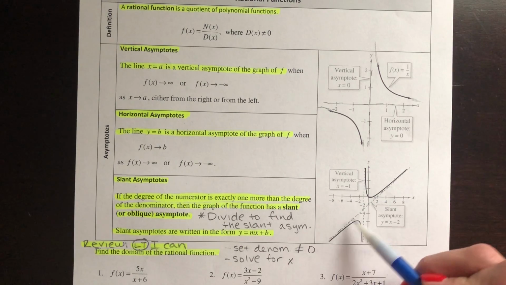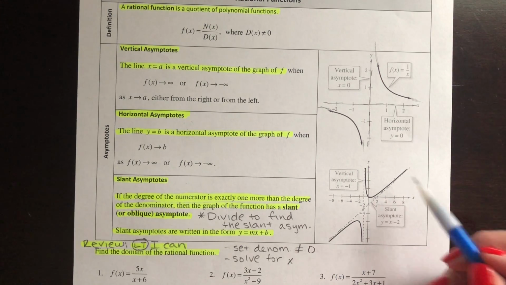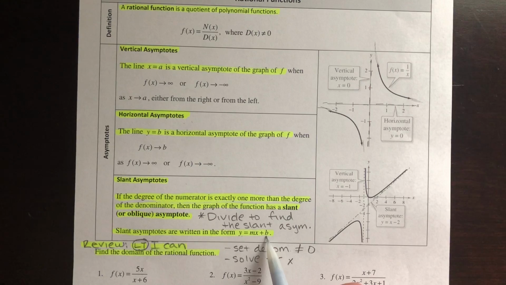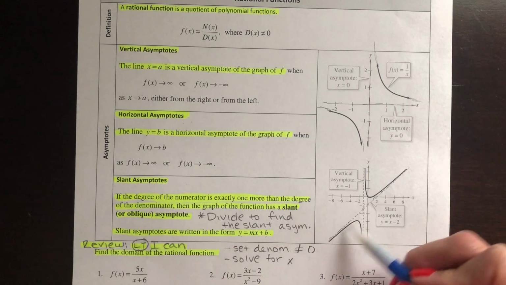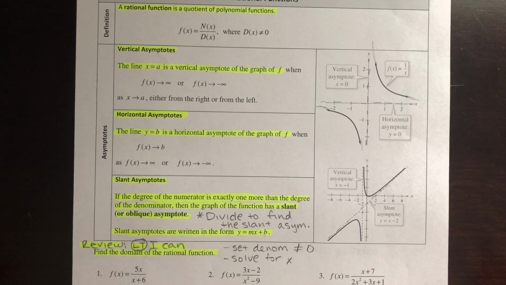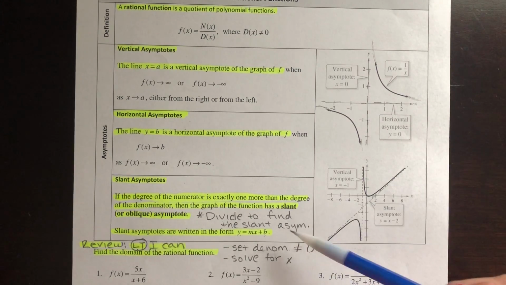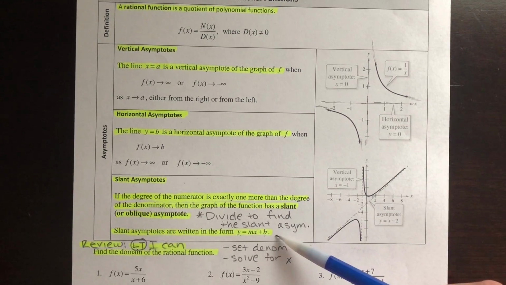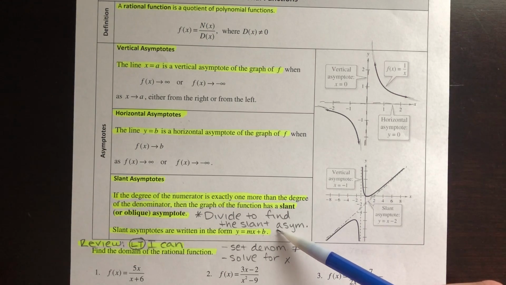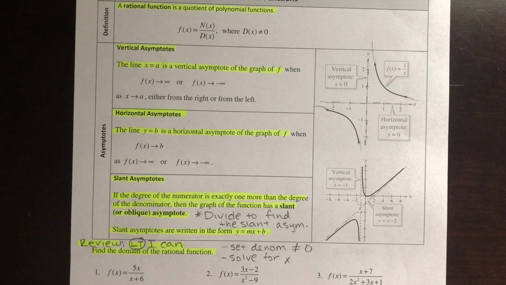Now these slant asymptotes follow y equals mx plus b, a linear line. We're going to divide to find this slant asymptote, either using synthetic or long division, and we'll see that later in the lesson. All right, so that's basically what we're talking about today.